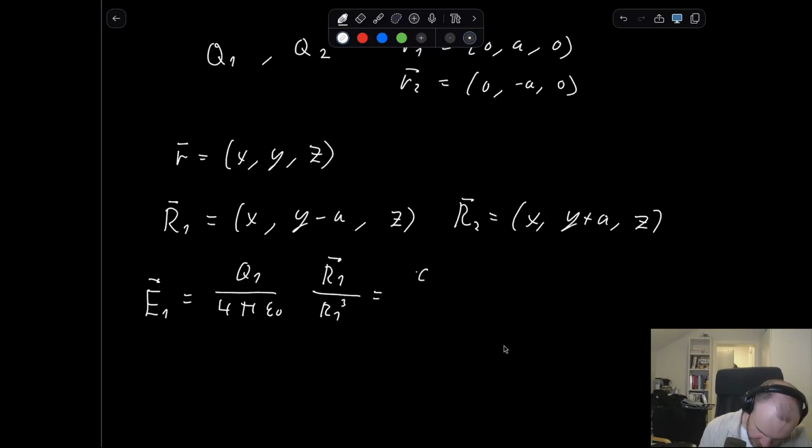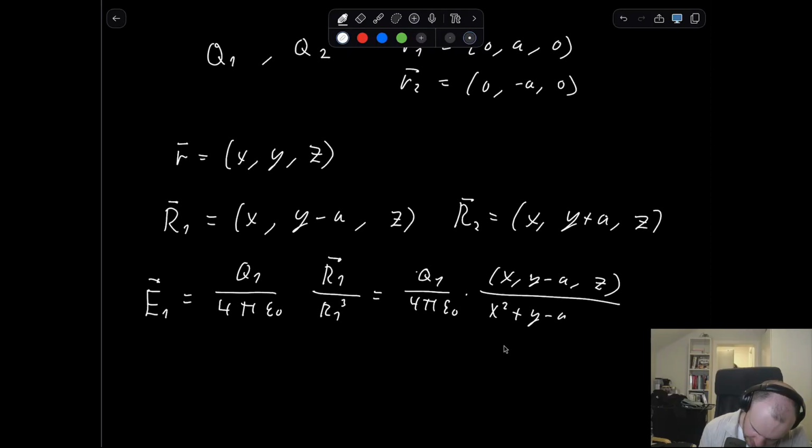So this is equal to Q1 over 4 pi epsilon 0, and R1 is just x, y minus a, and then z, like that.